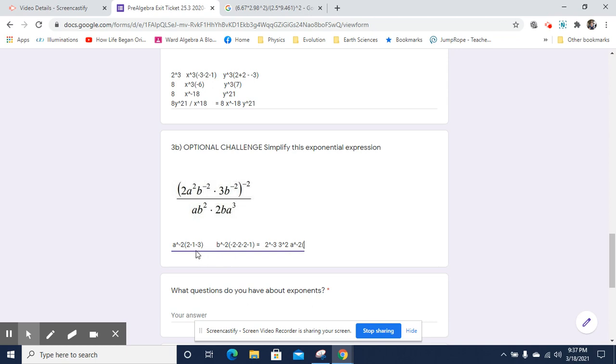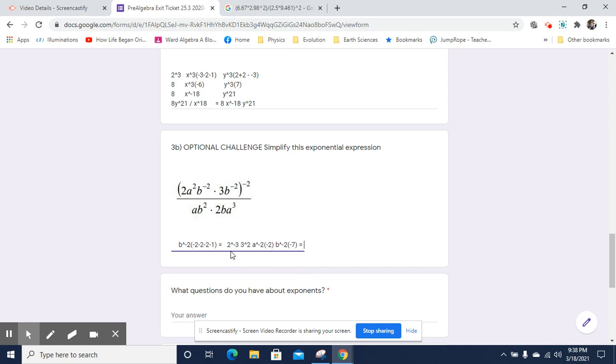So 2 minus 1 is going to be 1. 1 minus 3 is negative 2. Okay, and then b, oops, I can get back over there. So I've got b to the negative 2 times all this business in here. Negative 2 minus 2 is negative 4, minus another 2, negative 6, and then another minus 1 is negative 7. And we can keep sorting that out.